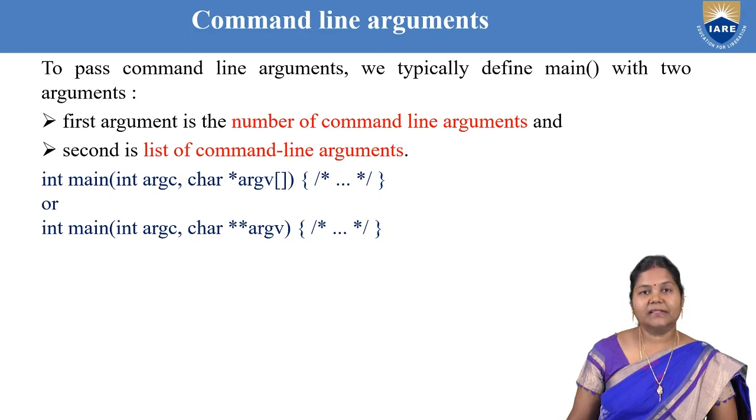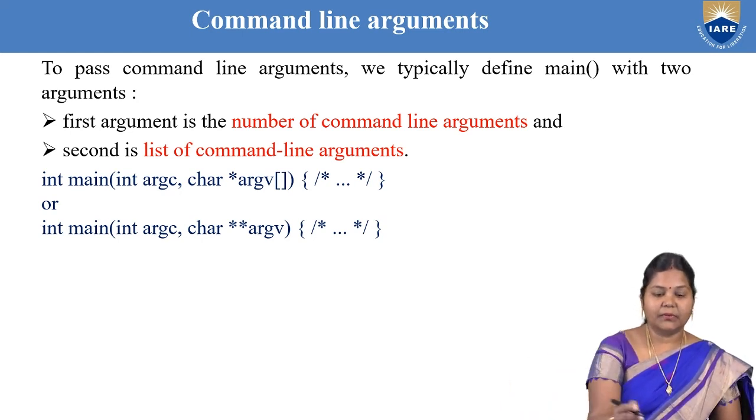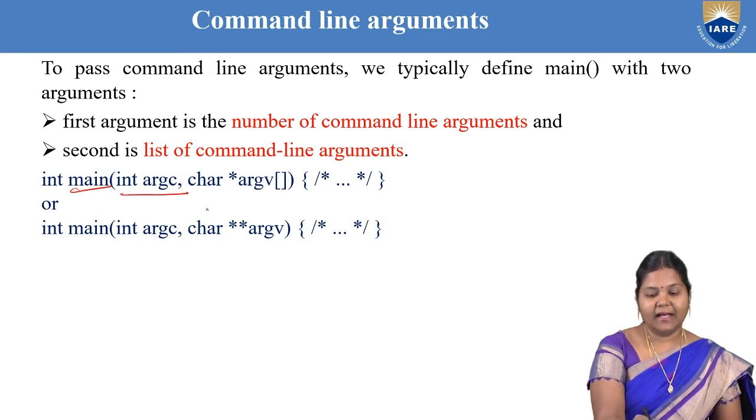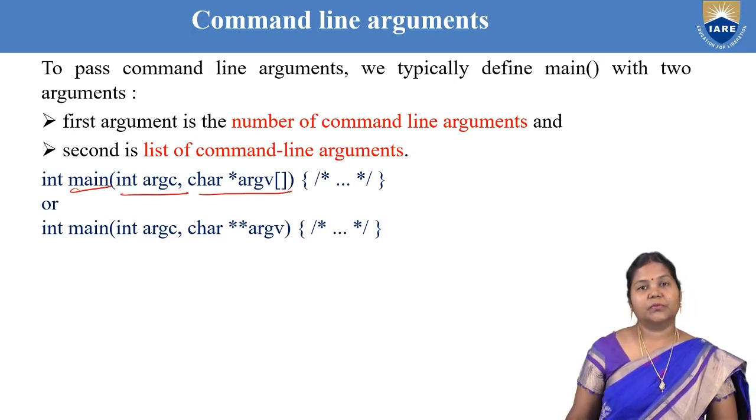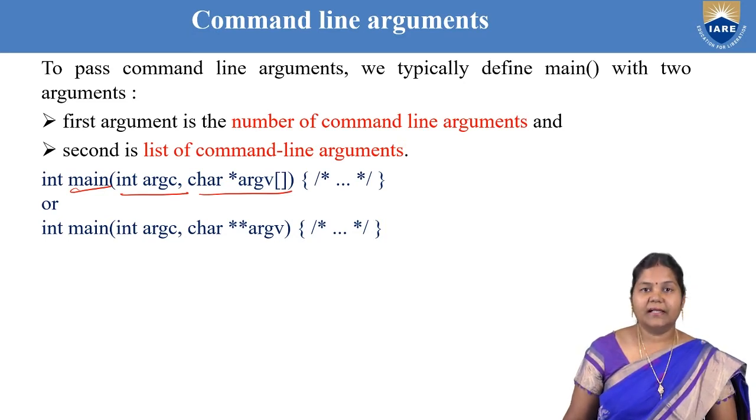And the second one is the list of command line arguments, which is stored in a vector. So, the general syntax is your main, to the main function, we are passing int rc and character star rb. So, rb is a vector. A pointer to the argument vector contains a list of arguments which contains the address of the list of arguments stored in that array.